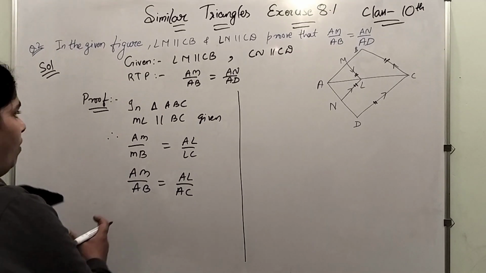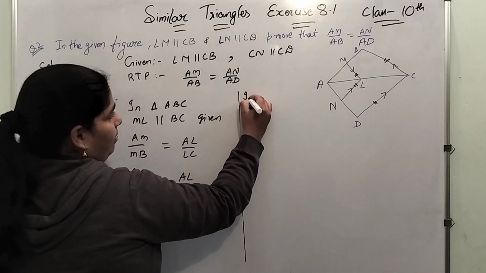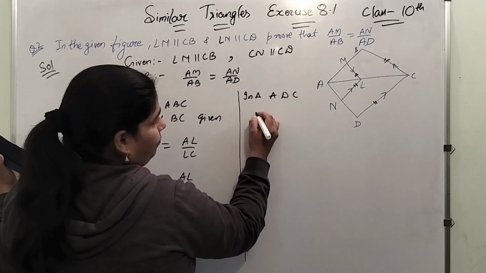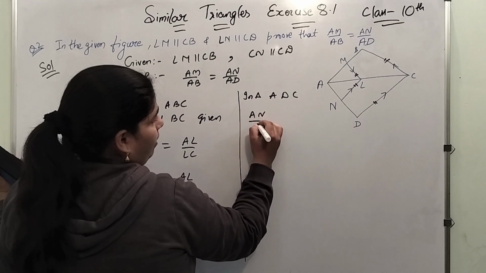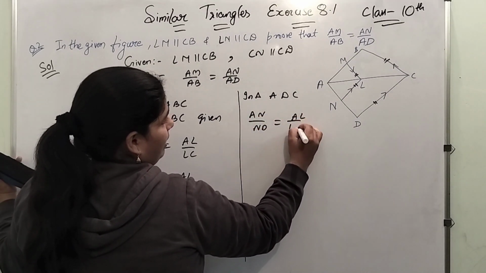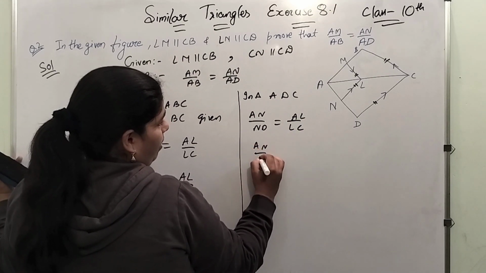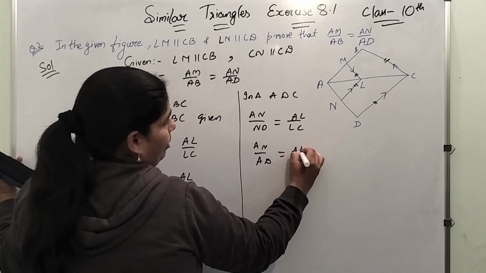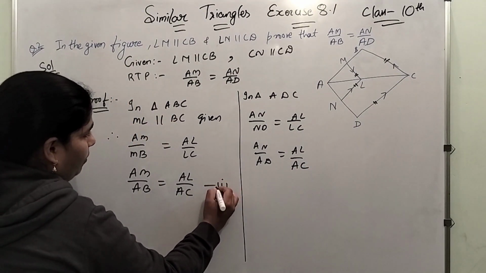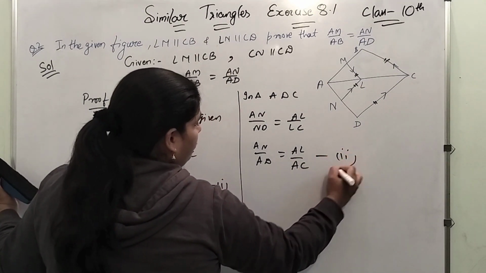Now again in triangle ADC, AN by ND is equal to AL by LC, or AN by AD is equal to AL by AC. Let us call this equation 1 and this equation 2.